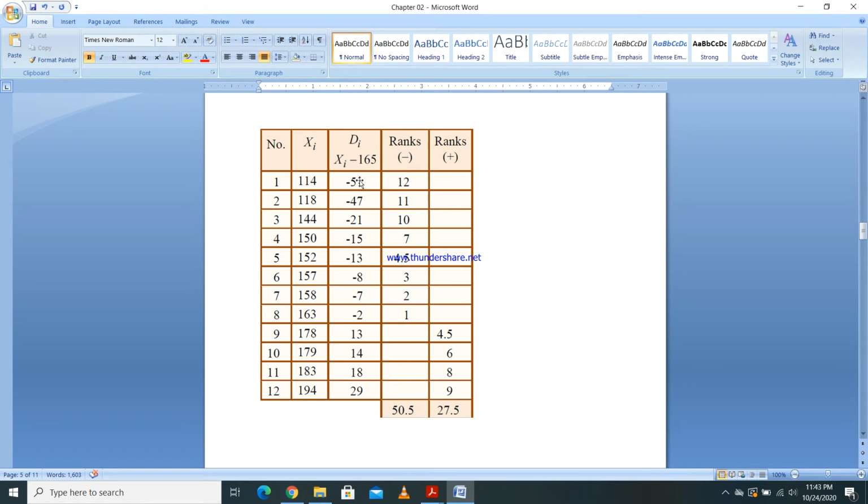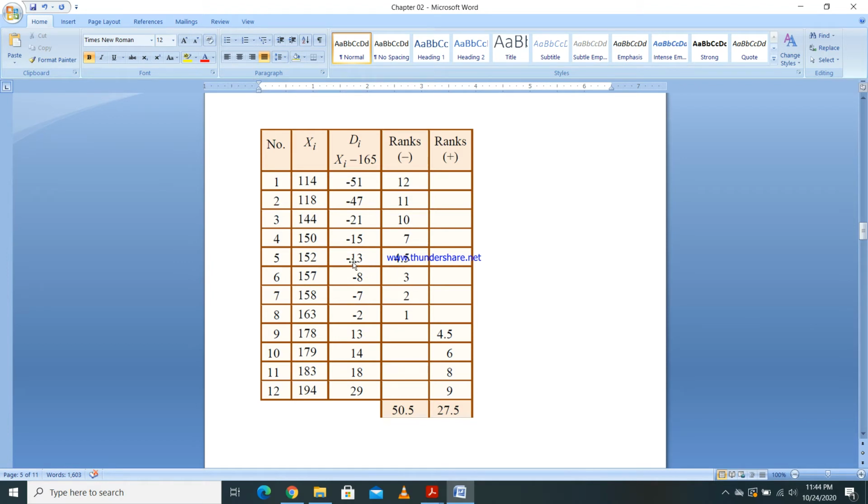When you look at the absolute value of these differences, the minimum value is minus 2, so I have to put 1 for that one, and then the next minimum value is plus 7. When you take the absolute value of minus 7, that would be 7, so that goes with rank 2. Then you have minus 8, so rank 3.